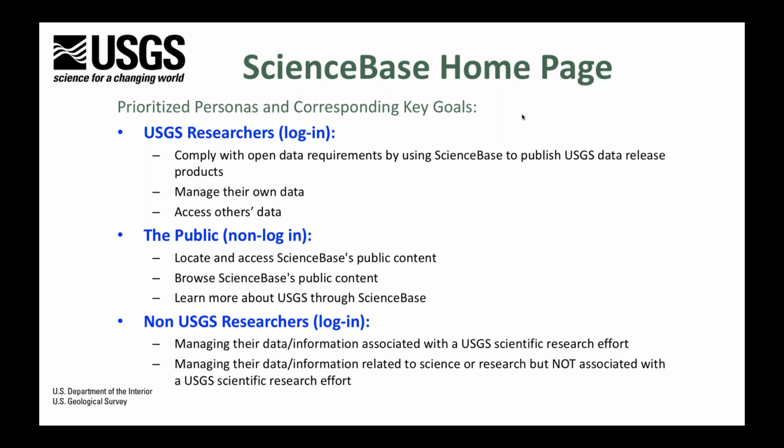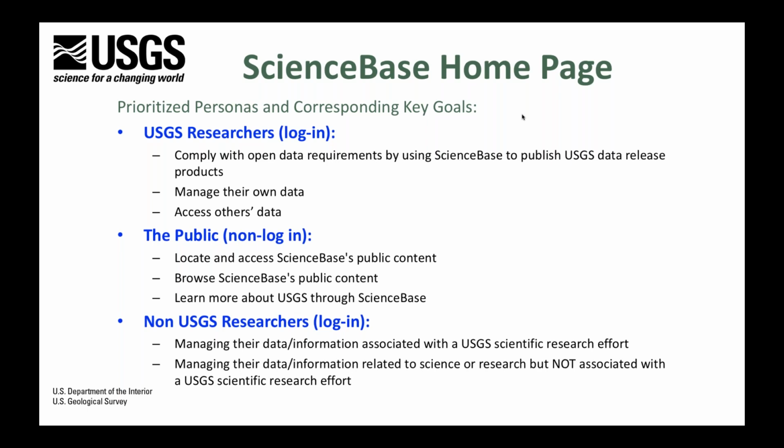As you scan through the bullet points, I hope you can see that even from this very simplified version of our personas, you can already start to see how the features or the functions of the homepage will need to balance the different personas' needs. For example, we already have personas that need login versus personas that do not need login. So how do we make that clear to the personas?